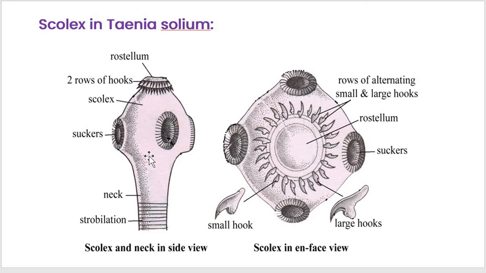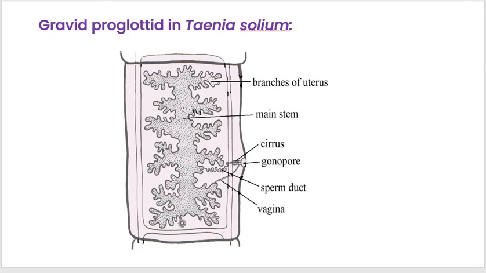Now after that, the next slide is gravid proglottid in Taenia solium. Now the strobila of Taenia solium has three types of proglottid.